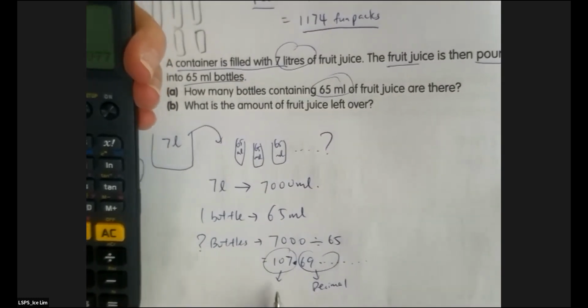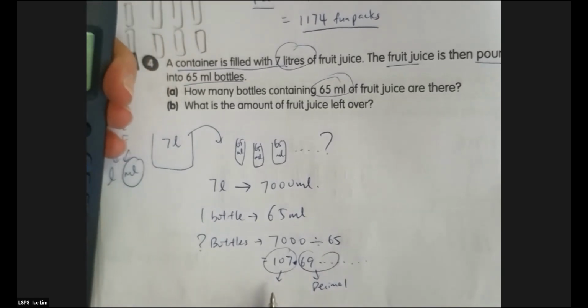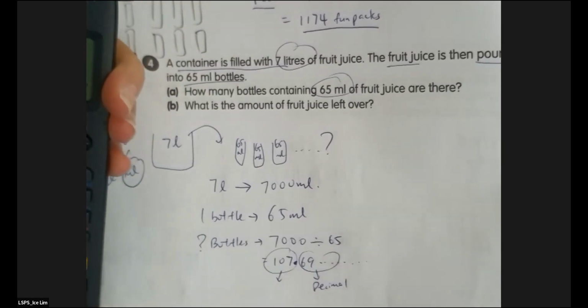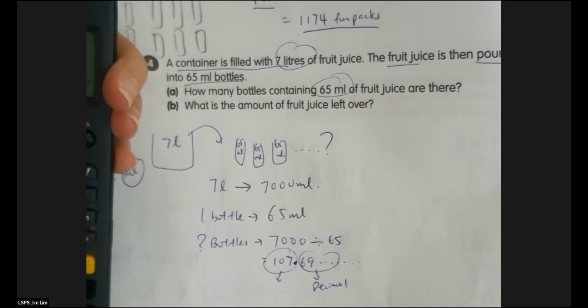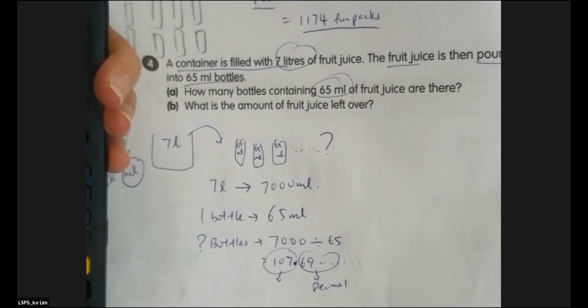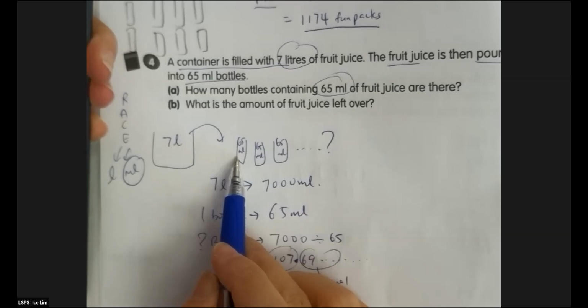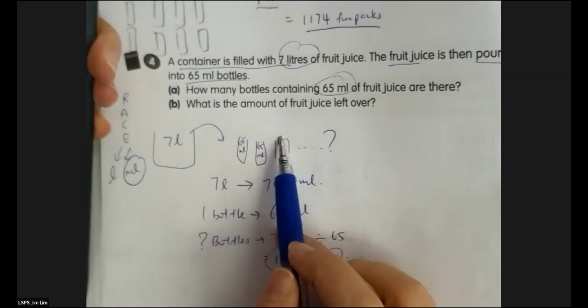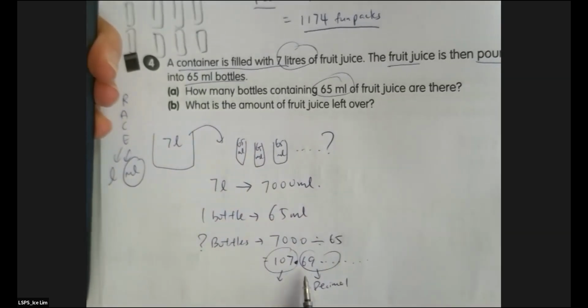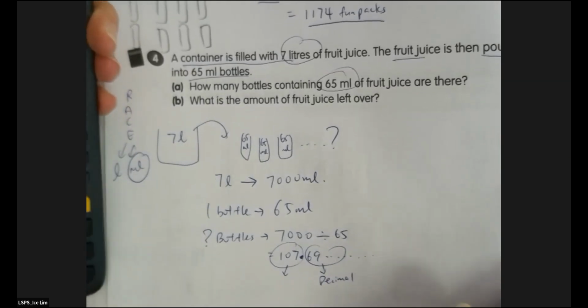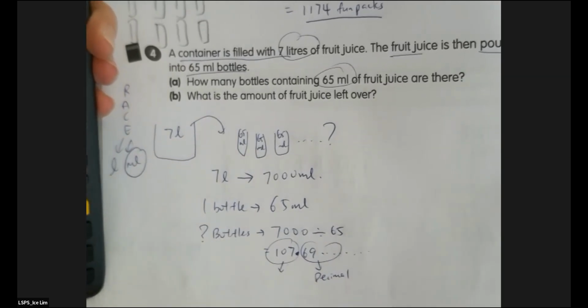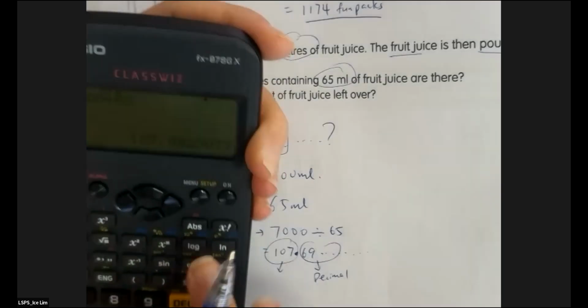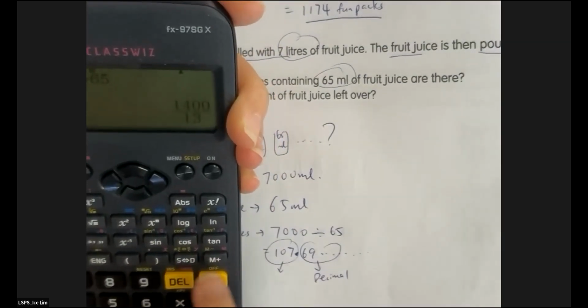So what kind of bottle do you think? Maybe these are the ones that are completely filled, because you're pouring this into this, right? 65, 65, 65, 65. Then why do you say a decimal? Why is that a decimal or a fraction?